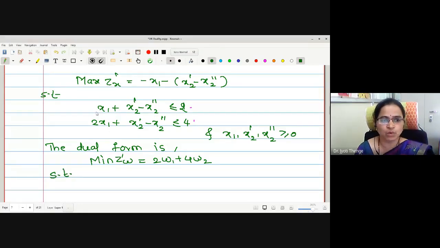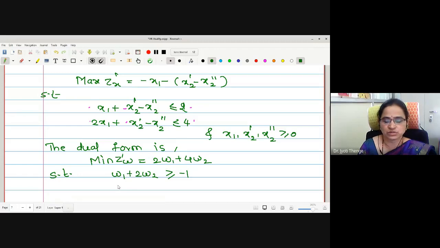What about the constraints now? Again, we have to write the transpose of this matrix. The first column should be written as the first row. The first column is 1, 2. So the first constraint is W1 plus 2W2, less than or equal converted to greater than or equal, and the right-hand side value is minus 1. Next, the second column is 1, 1, which we write as the second row: W1 plus W2 greater than or equal to minus 1.